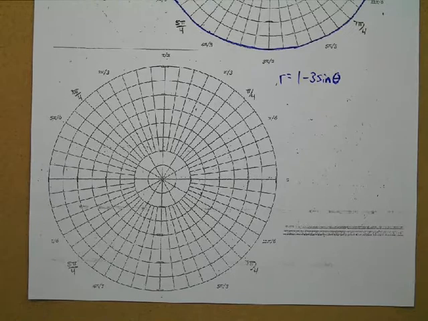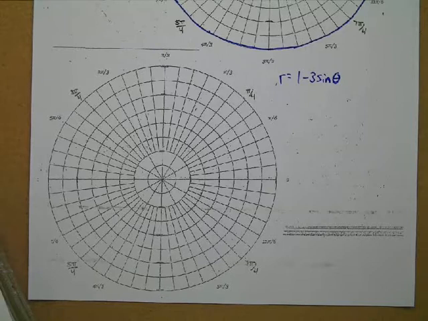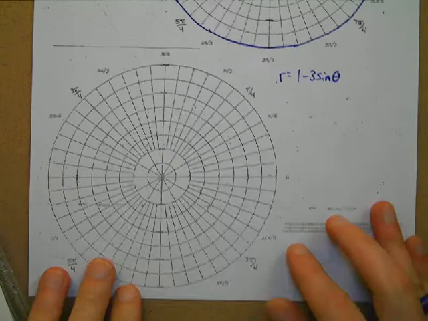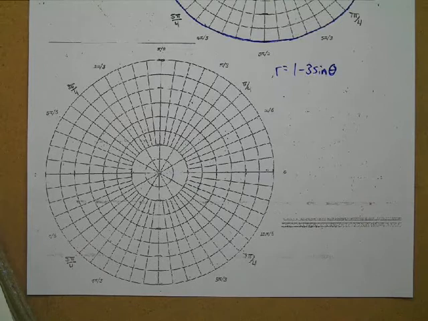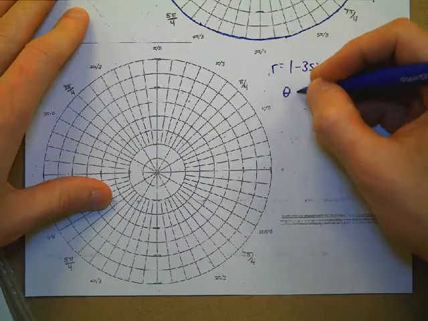1 minus 3 times the sine of theta. All right. So let's make another table here. We'll start with 0.